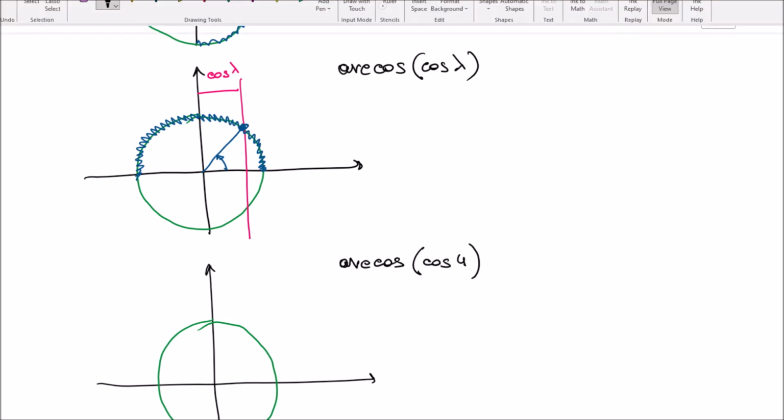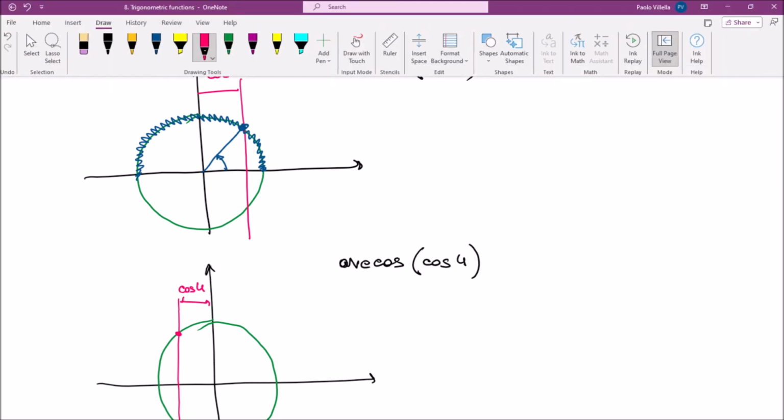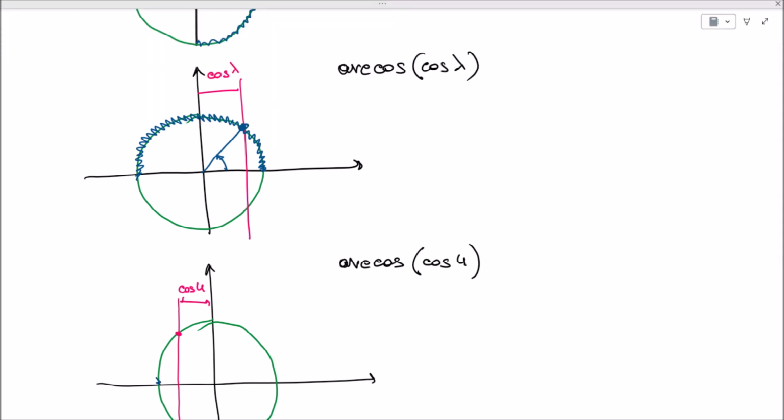And we know that 2 radians is here. 4 radians will be somewhere here. So we have this line. This represents the cosine of 4 radians. And for the solution of this equation, again, we need to find the point that belongs to the codomain of the function. So we have that this will be the solution of this trigonometric equation.